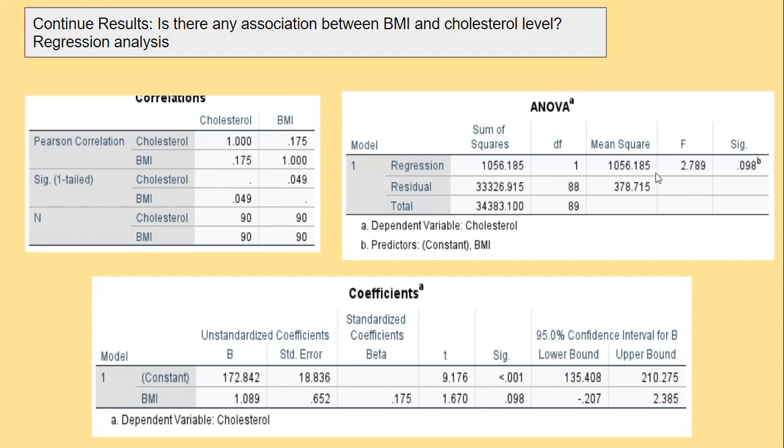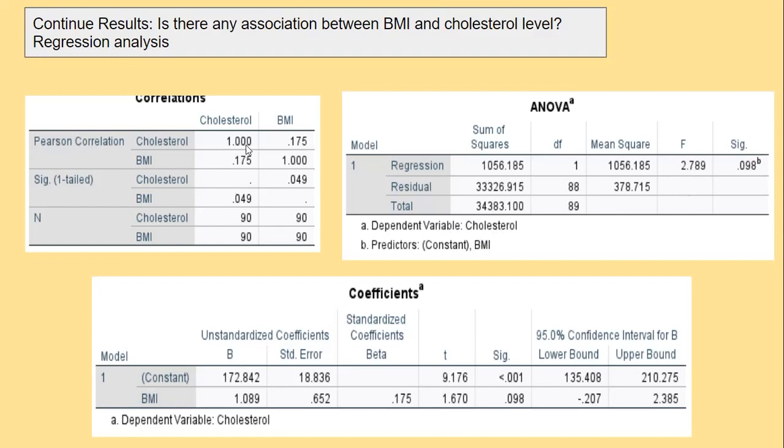So there is no association between the two. And here we have the F statistic, which is 2.7. It's not a very big number, because the F will be more significant as it becomes larger.